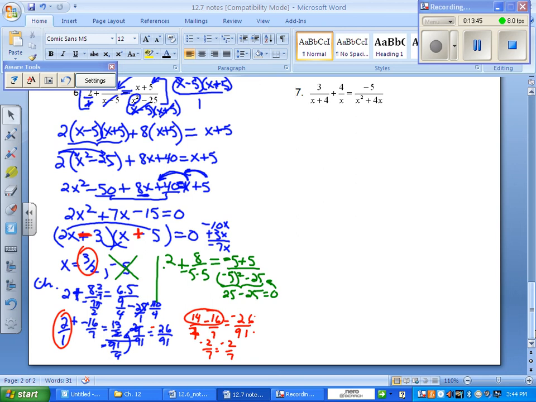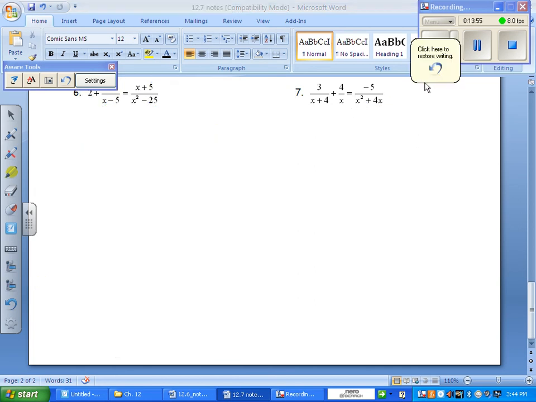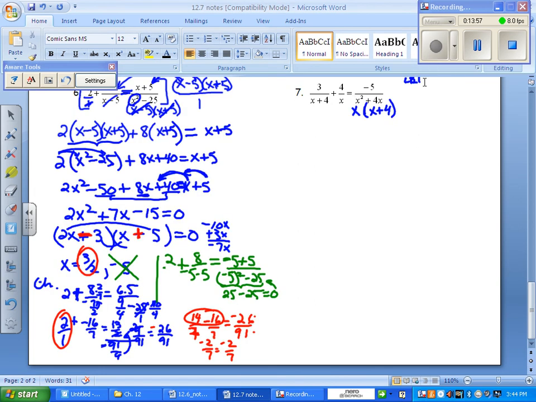Okay, last one here. You have to factor, you have x times the quantity x plus 4, and the least common denominator is going to be all of these multiplied together. Looking at your denominators, one of the factors is an x and the other one is x plus 4. Distribute to the first term and the x plus 4's cancel, you'll have a 3x.